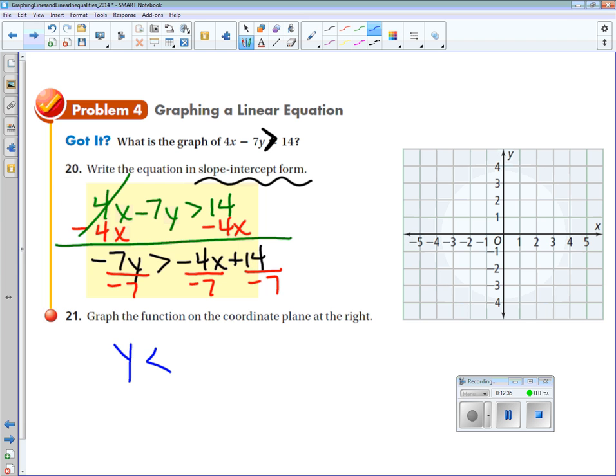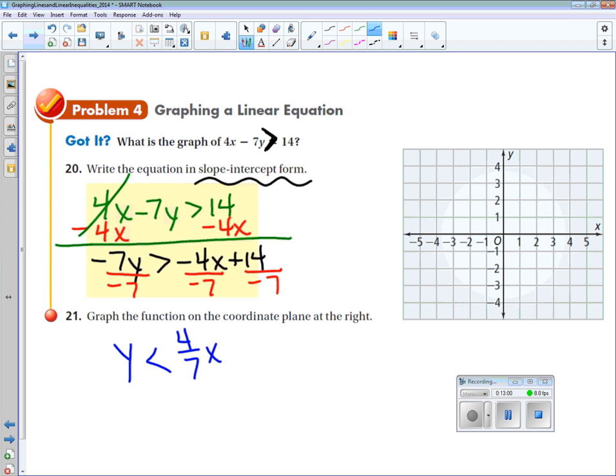What's my slope? I divide it by a negative. No, it's positive 4/7, because a negative divided by a negative is positive, right? So positive 4/7. How about the y-intercept? Travis, you with me?